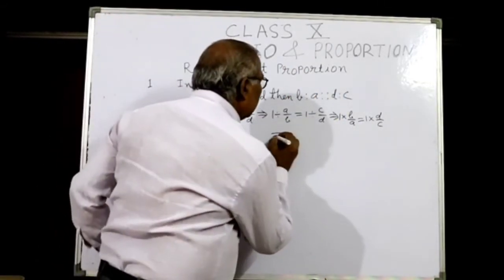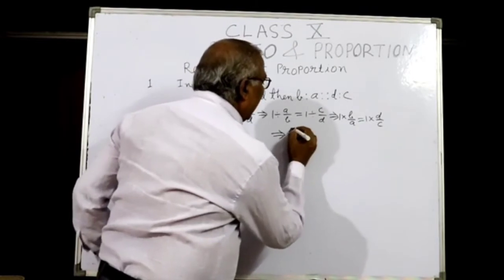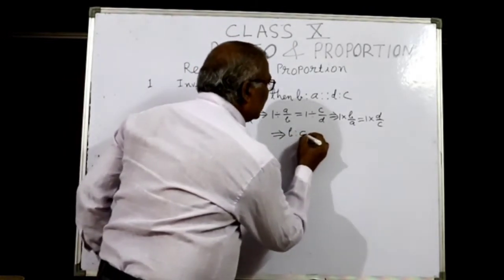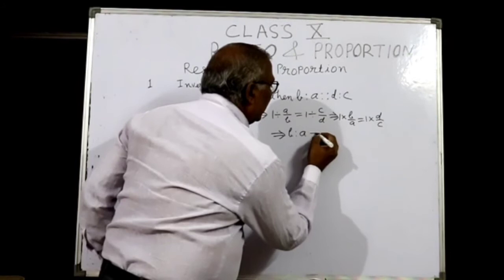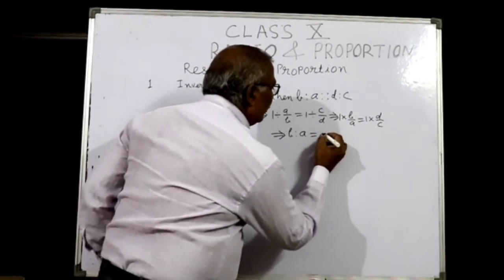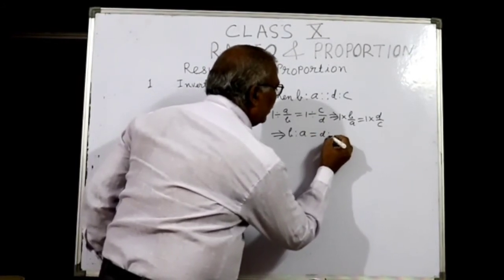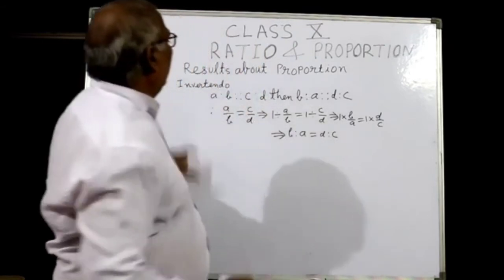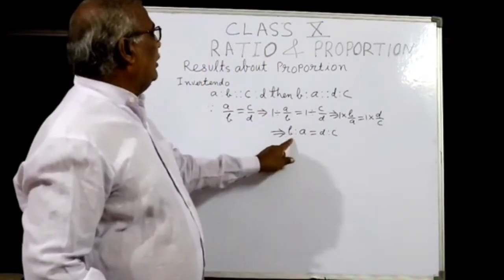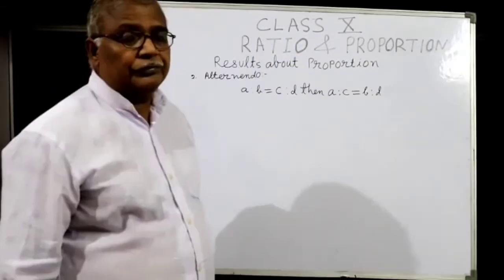Then we get B ratio A is equal to D is to C. This property is called invertendo.